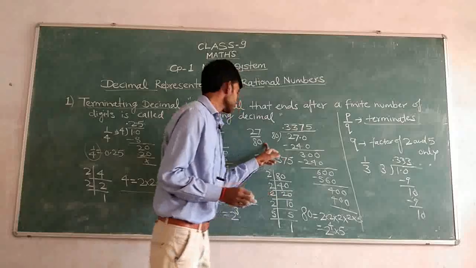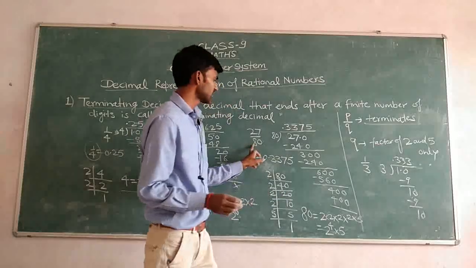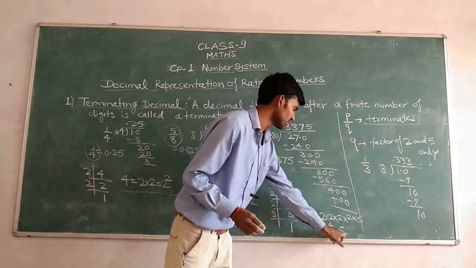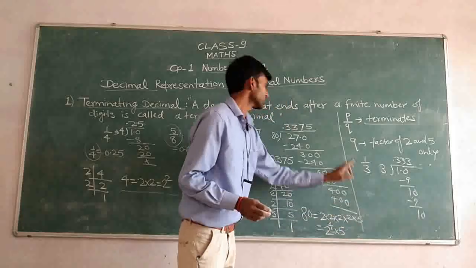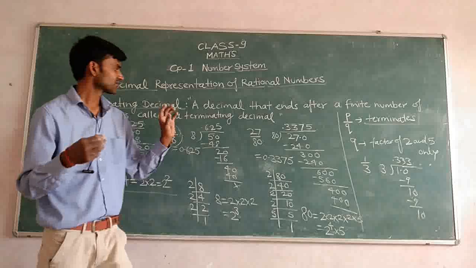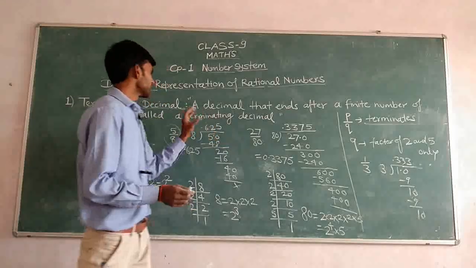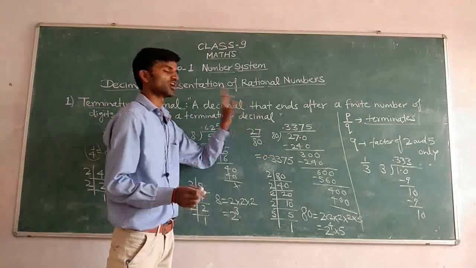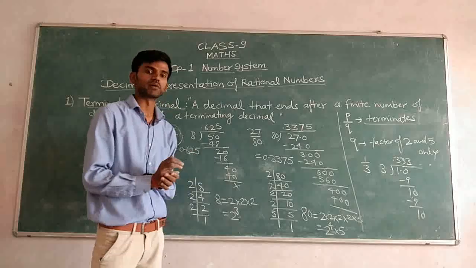In the third, 80, the denominator has the factors of 2 and 5 only, so it will terminate. Without actual dividing, we can say by factorizing the denominators of the rational numbers.